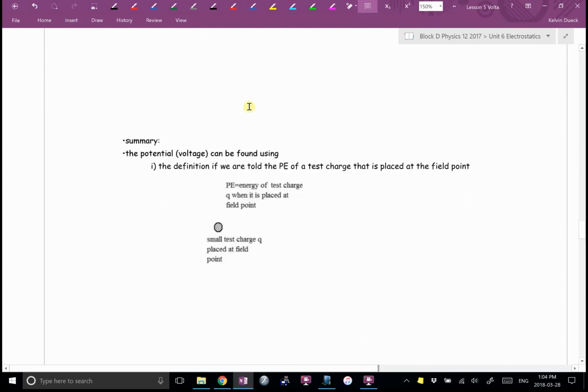Here's our summary. The potential, voltage, can be found using the definition. So one way to find voltage, it's defined as the amount of energy per coulomb. That's if you're told the potential energy that a little test charge at a location possesses. That's the voltage at that location.